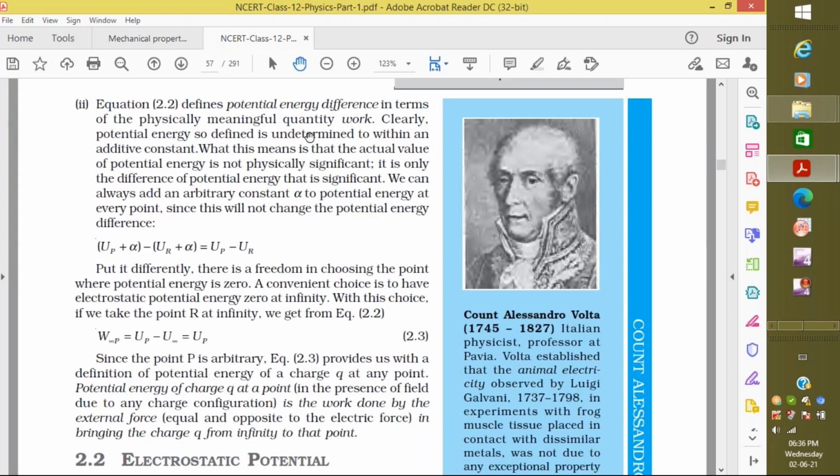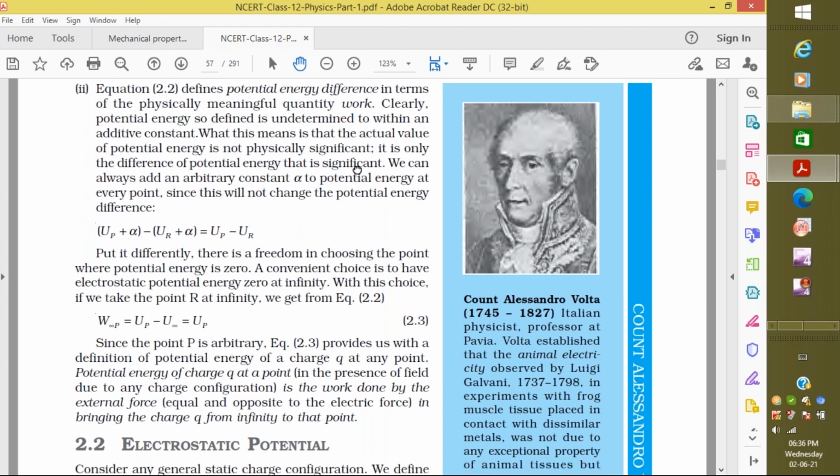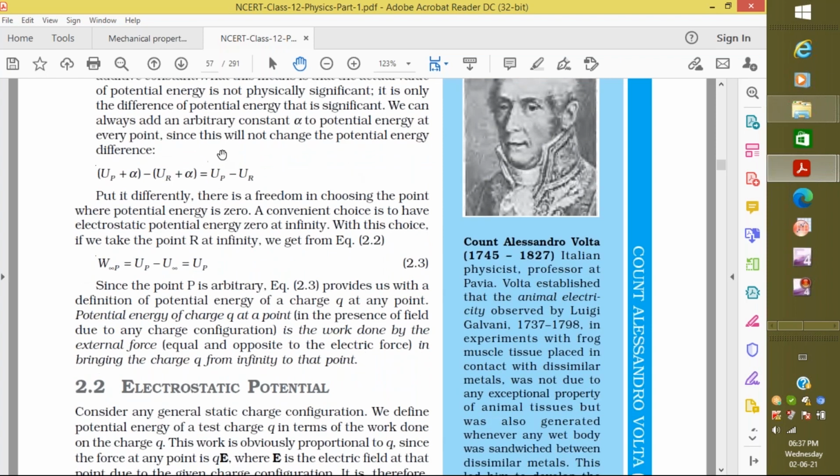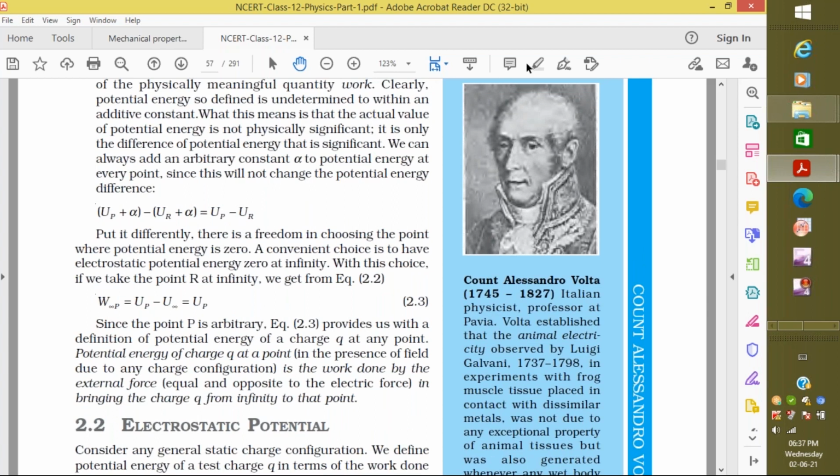Another point: at each point there will be a different potential energy, but what is meaningful is the potential energy difference, which we can equate to work done, as I have shown you. What this means is that the actual value of the potential is not physically significant. It is the potential energy difference which is significant.